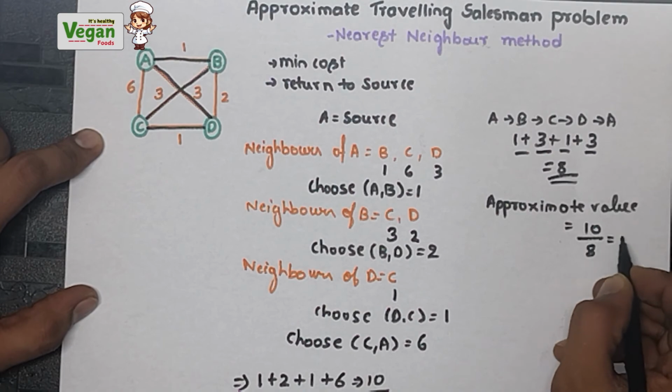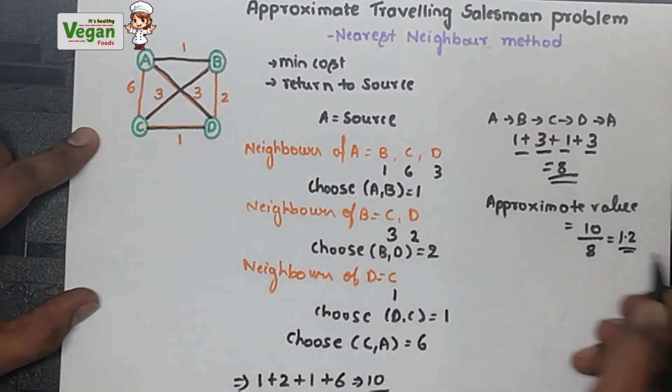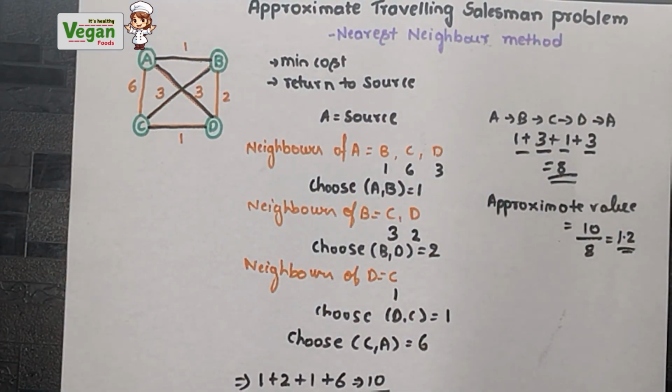So 10 divided by 8 is 1.25. So we did not get the perfect answer for the traveling salesman problem; that is why it is the approximate traveling salesman problem. To solve this drawback, we will be using the twice around the tree method.